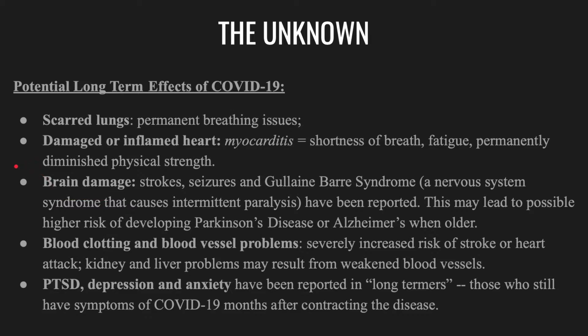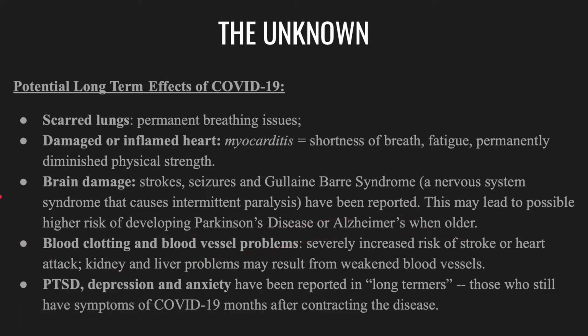And if you have these issues with your brain, and this information is from the Mayo Clinic website, a highly regarded healthcare apparatus out of Cleveland, doctors and epidemiologists and scientists are worried that you're going to have a higher risk of developing Parkinson's or Alzheimer's when you're older.